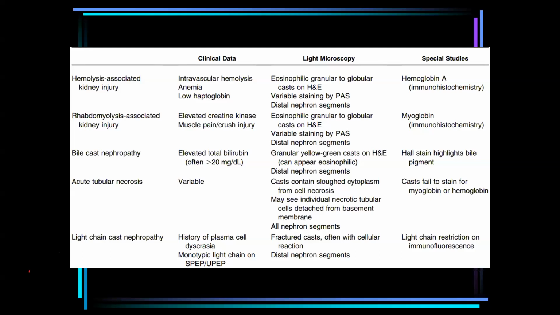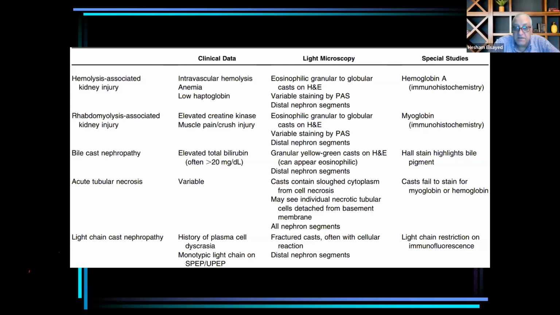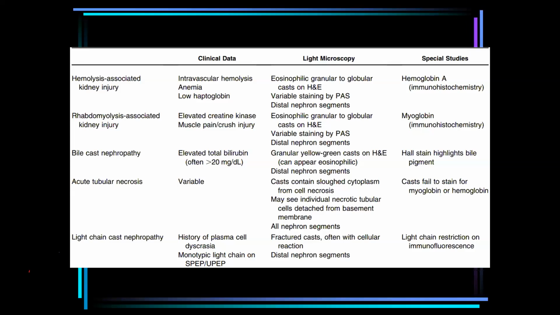And I agree with you, I am interested in this table because it is very interesting and fantastic. In very simple words, it tells the type, the clinical scenario, what appears in light microscopy, and the most important one: how to differentiate between the hemoglobin cast, myoglobin cast, bile cast, etc.